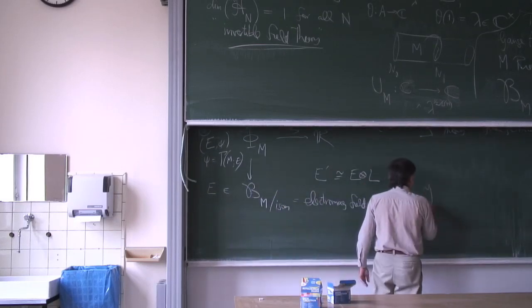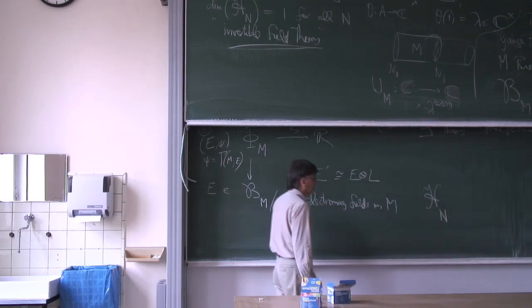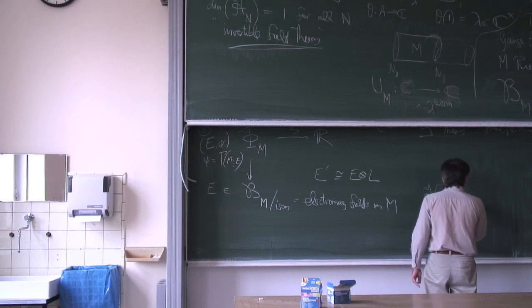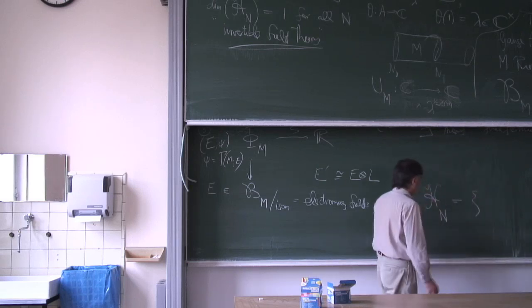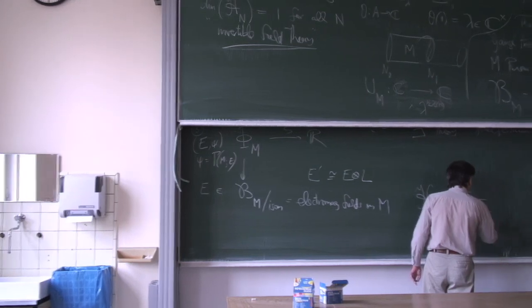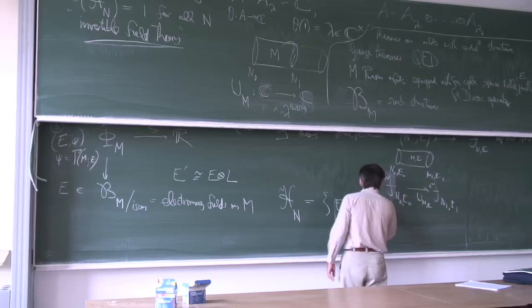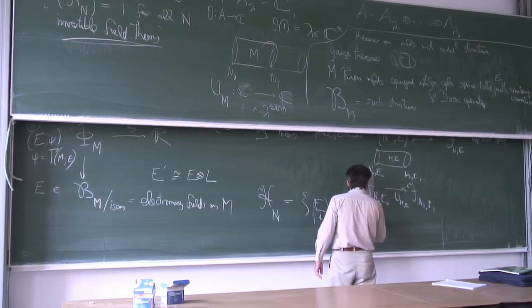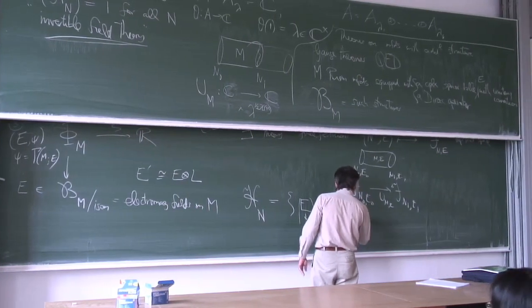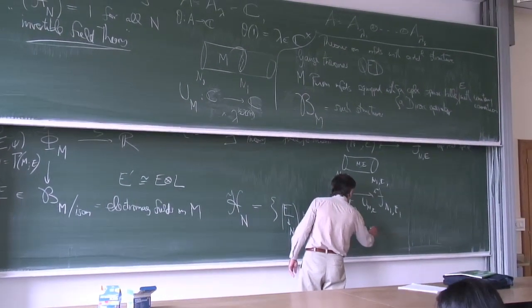We would make the space H_N, not depending on any electromagnetic field. It would consist of rules which to each E on N, spinor bundle, associate an element, let's call it psi_N, psi in F_E.